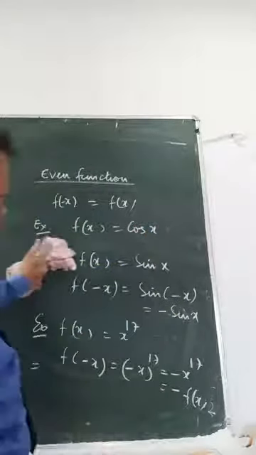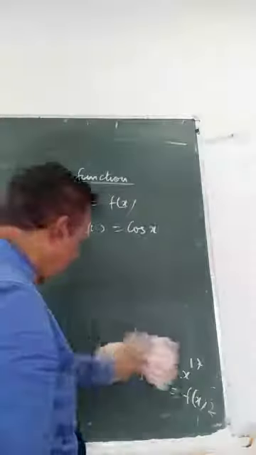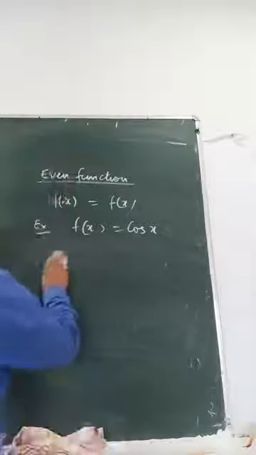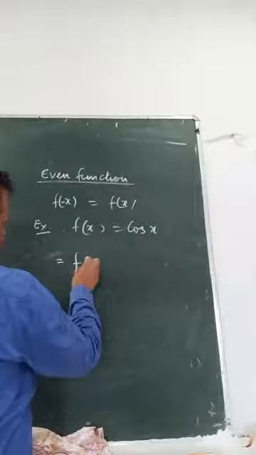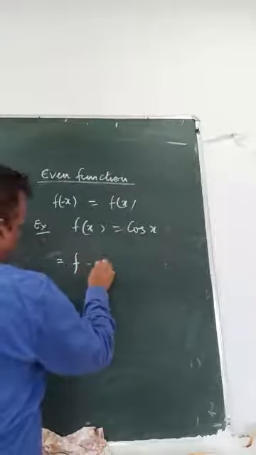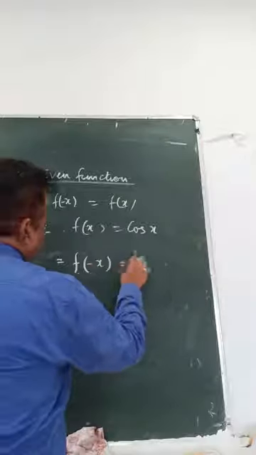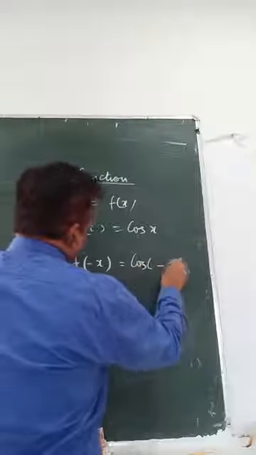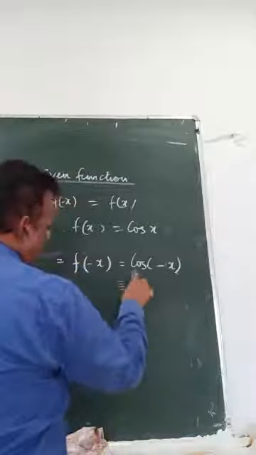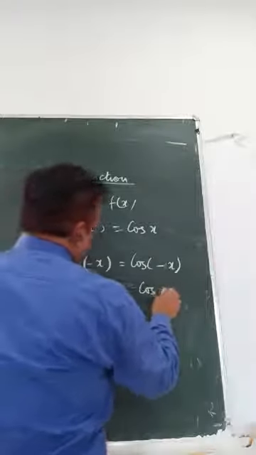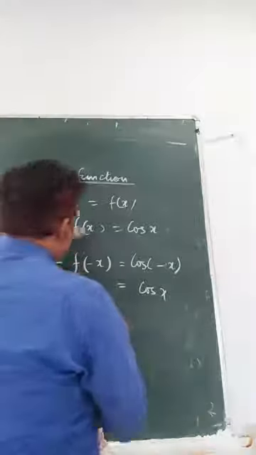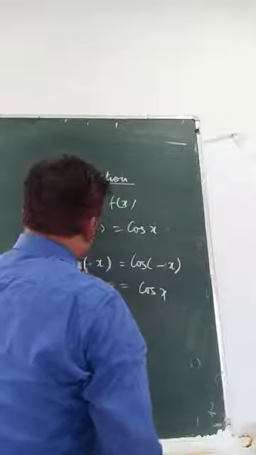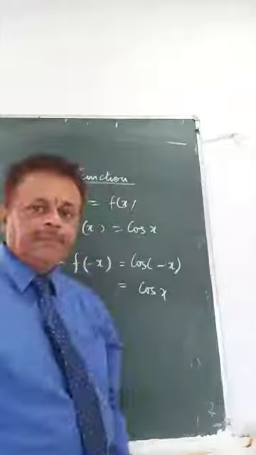Then f of minus x is cos of minus x, that is cos x, because cos of minus theta is cos theta. So this is your even function because f of minus x is cos x.